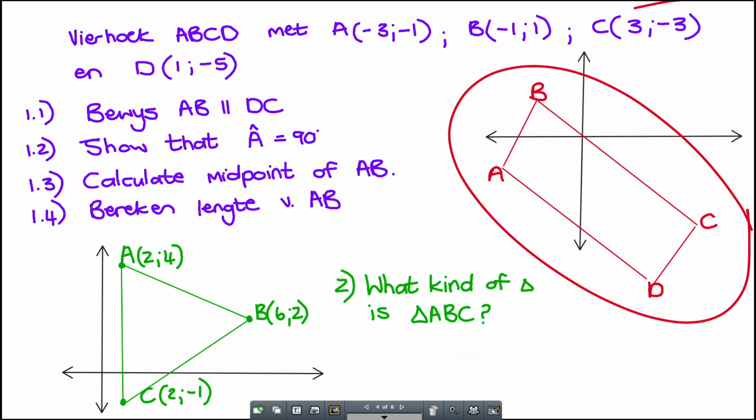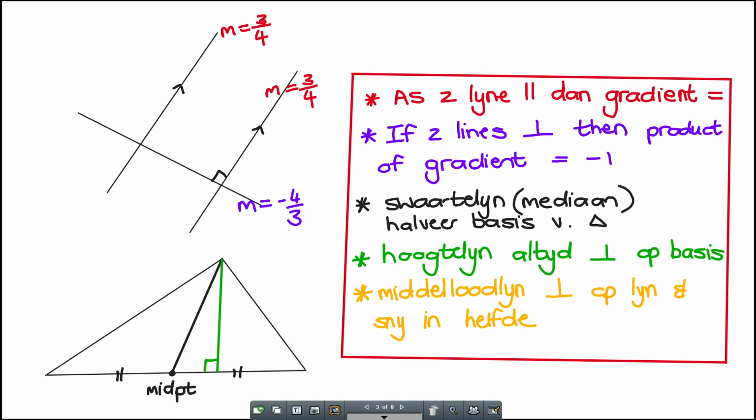I'm quickly going to skip back, have a look. Over here. English people, median? No? Meaning that line cuts it in half at the bottom. No? Okay, now if you look at that picture, the two examples that we just did, ons het twee koördinate nodig, nee.